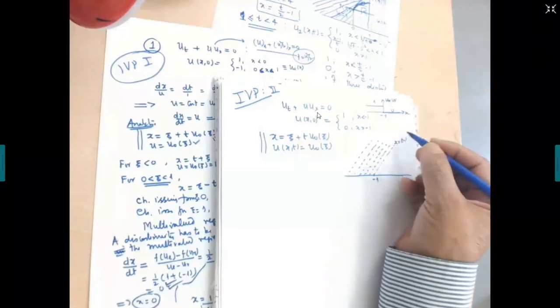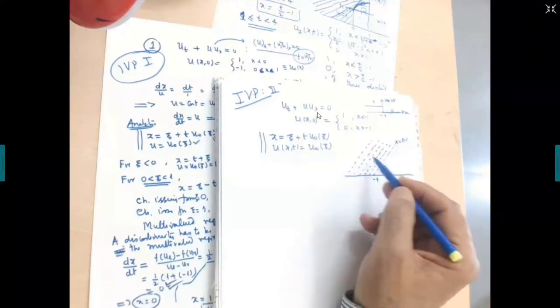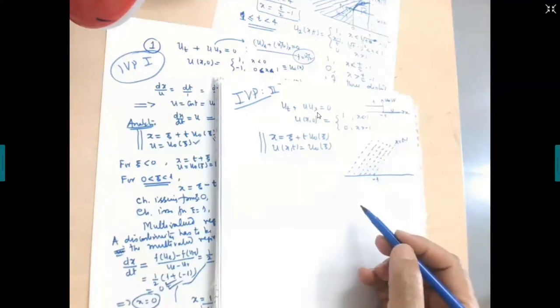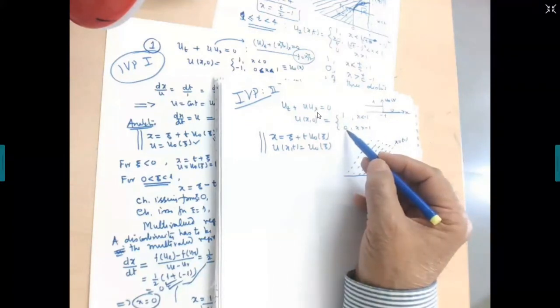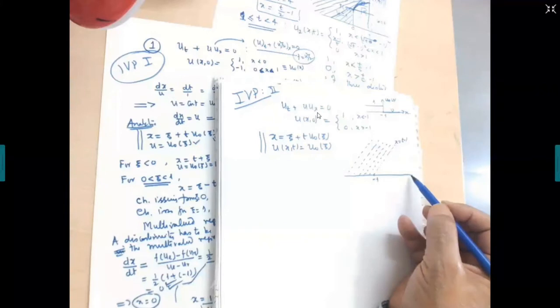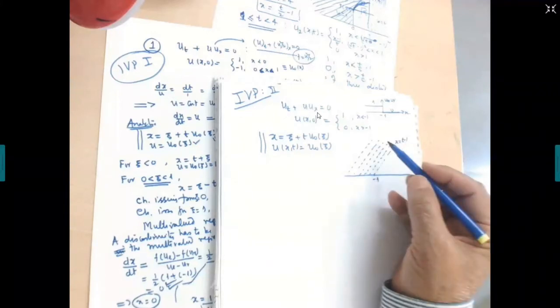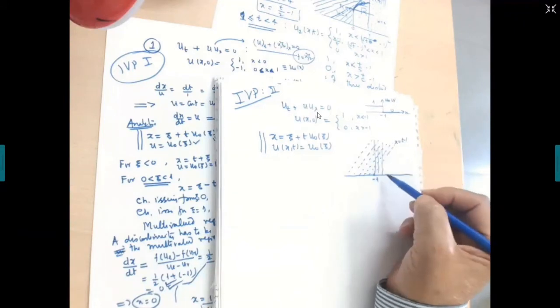That is the leading characteristic, and the rest are all parallel, they have the same slope. Now, what are the characteristics issued from the part greater than minus 1? x is equal to xi, so vertical lines, x equal to minus 1.